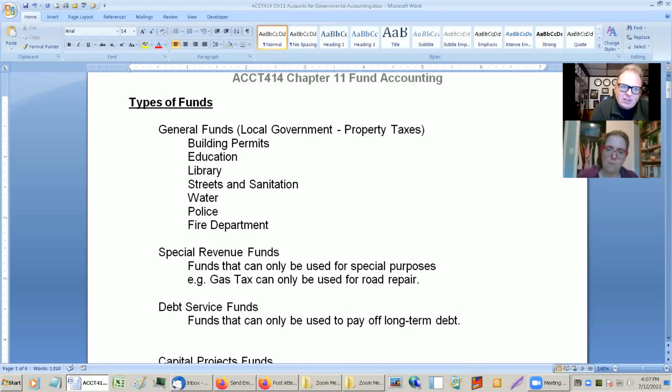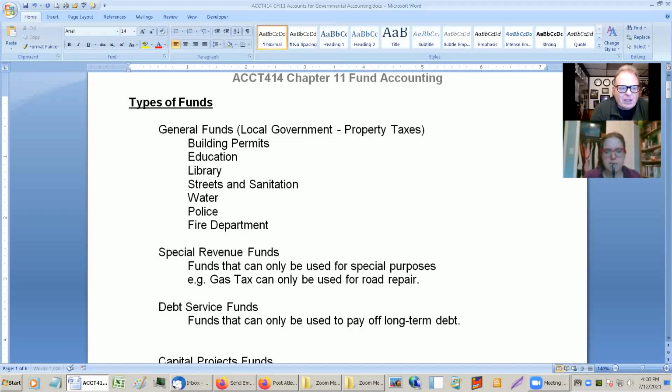And this is kind of a strange thing: for one type of accounting that we're going to see, they don't keep long-term debt on the books. So they have to transfer money to this debt service fund, because the debt service fund will have the long-term debt. That's all it has is long-term debt. Okay. I know it's kind of strange, but that's kind of the way they do it.